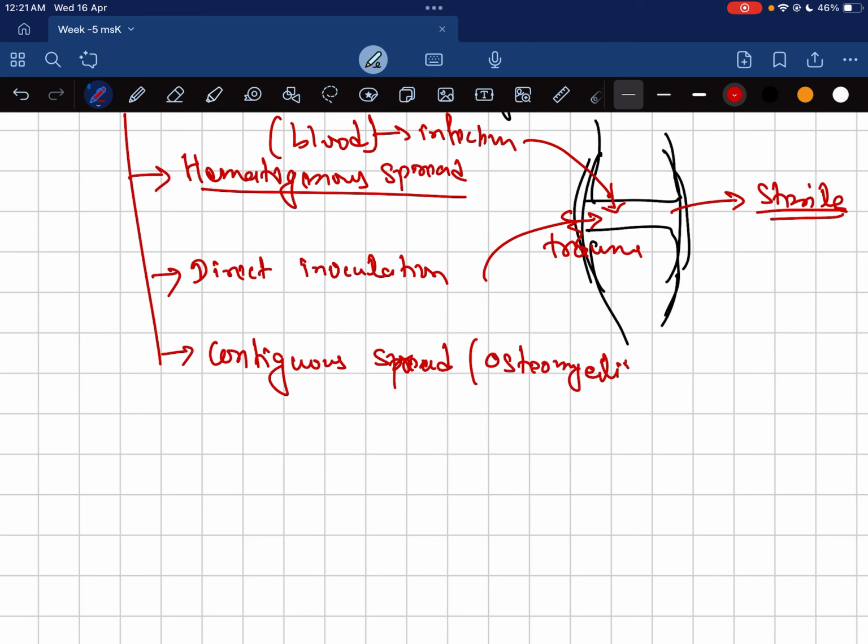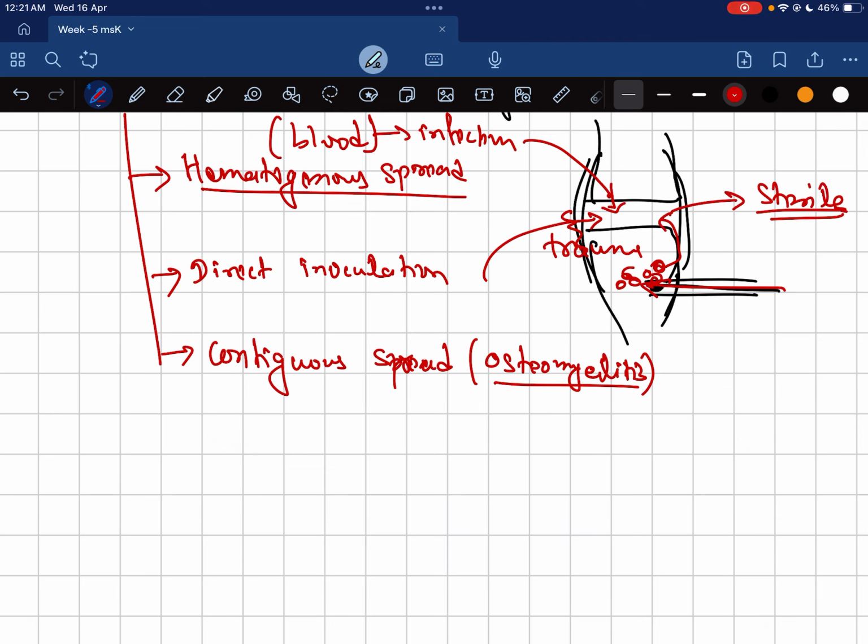If the bone is infected, the organism comes from the blood vessels of the bone, infection occurs in the bone, and that leads to osteomyelitis, and due to that there is also involvement of the joint.